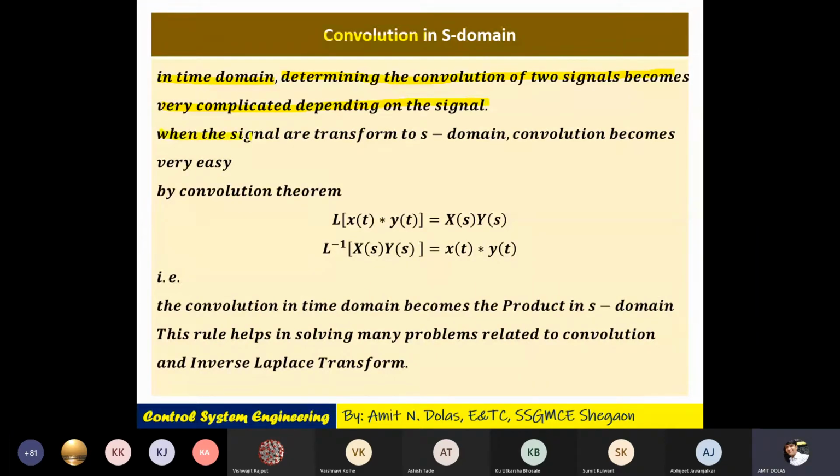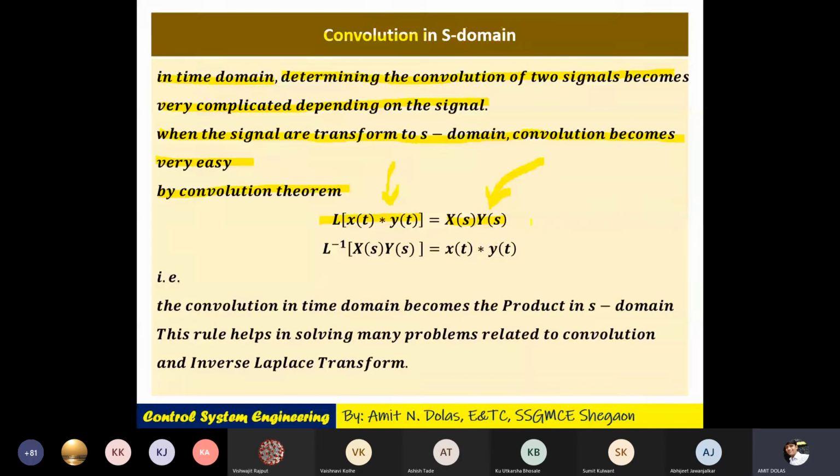When the signals are transformed to S domain, the convolution becomes very easy. By the convolution theorem, the Laplace transform of x of t convolved with y of t will be equal to X of s into Y of s. Here it is a convolution in time domain, but in S domain, convolution is simply multiplication.